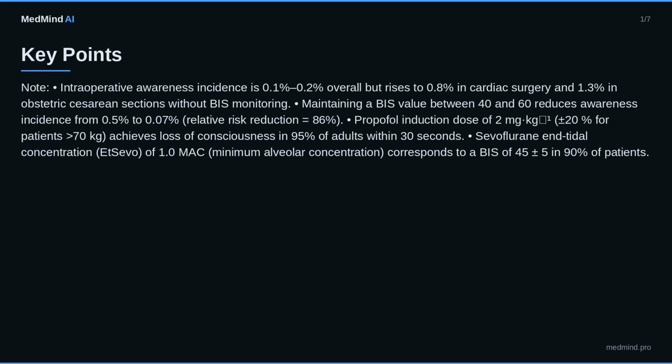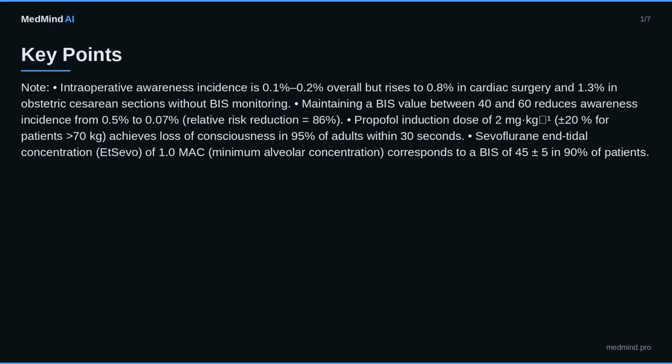Propofol induction dose of 2 mg/kg^-1, plus or minus 20% for patients greater than 70 kilograms, achieves loss of consciousness in 95% of adults within 30 seconds. Sevoflurane end-tidal concentration, ET-Sevo, of 1.0 MAC, minimum alveolar concentration, corresponds to a BIS of 45 plus or minus 5 in 90% of patients.